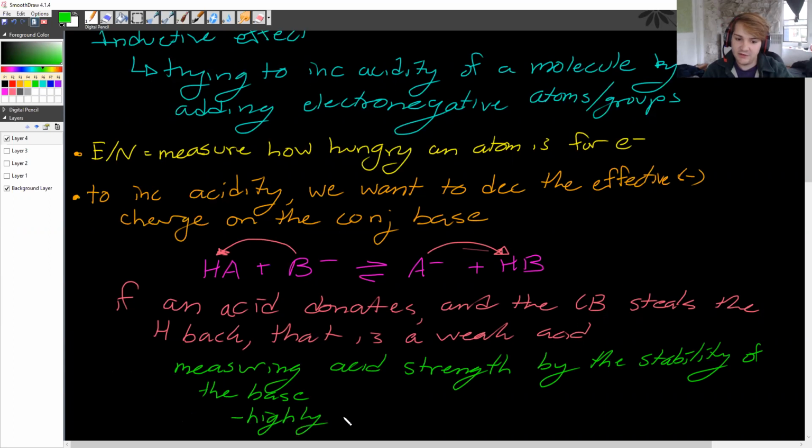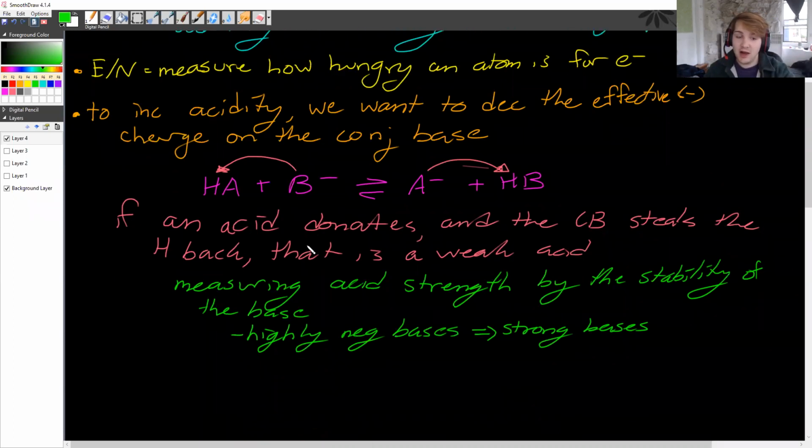Highly negative bases are strong bases. So if you have a big negative charge on your conjugate base, you're going to take that hydrogen right back, and you're going to decrease the acidity of the molecule.